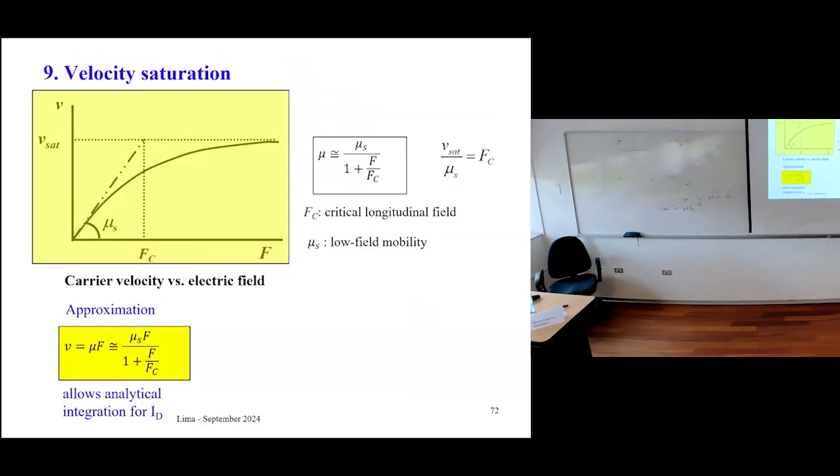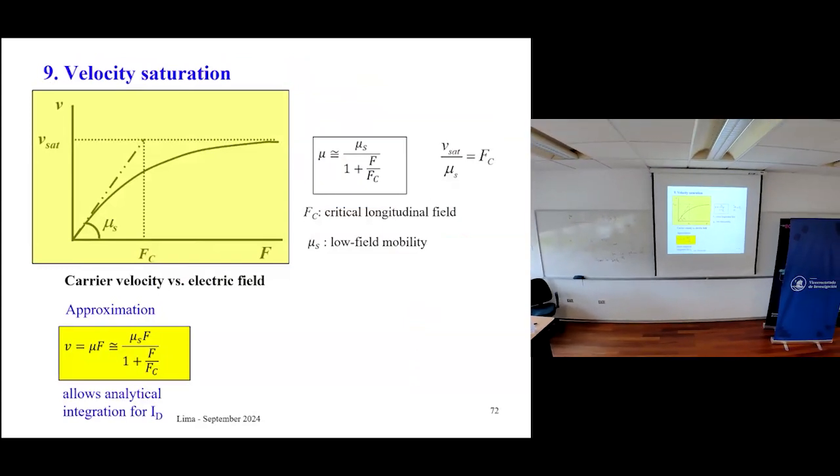Okay, let's move to the fifth parameter. The fifth parameter is associated with what we call the velocity saturation phenomenon. What's this?